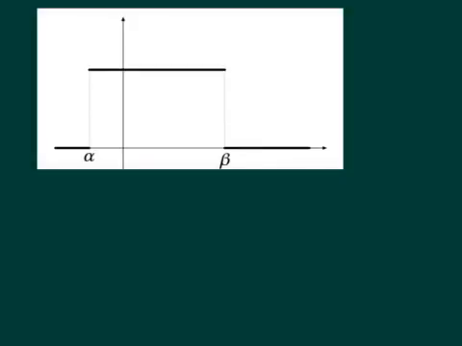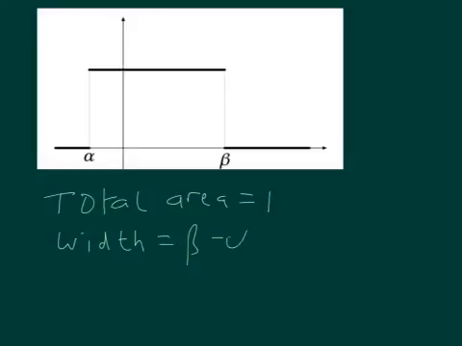It's a constant probability. Clearly, as with any probability density function, the total area has to be 1. And the width, as you can see, is beta minus alpha. So because the total area is 1 and the width is beta minus alpha, then beta minus alpha multiplied by the height has to equal 1.